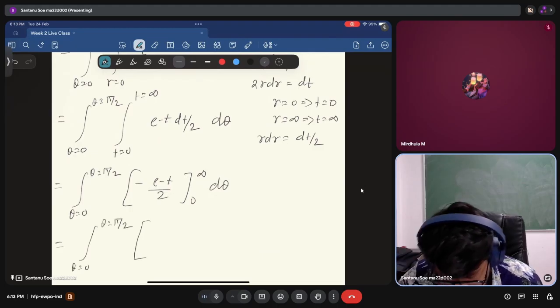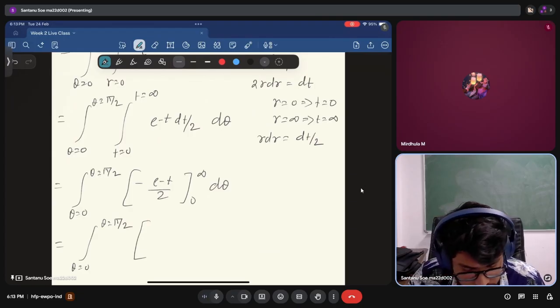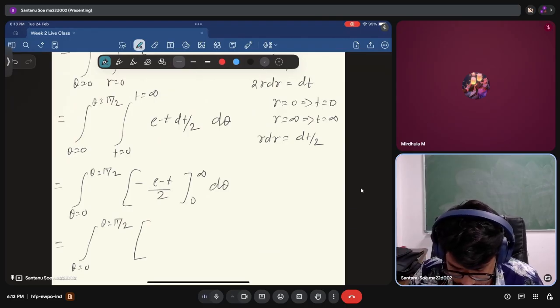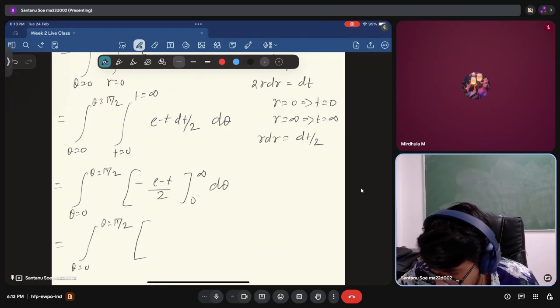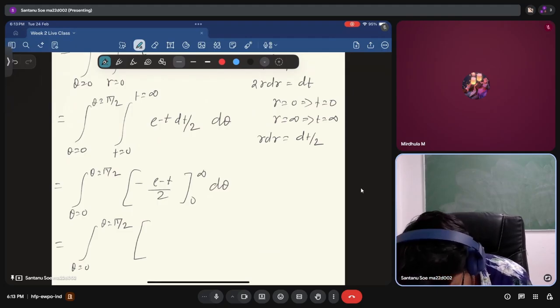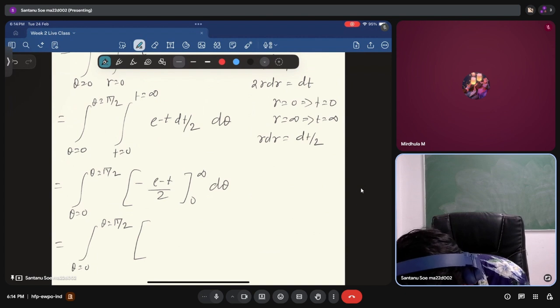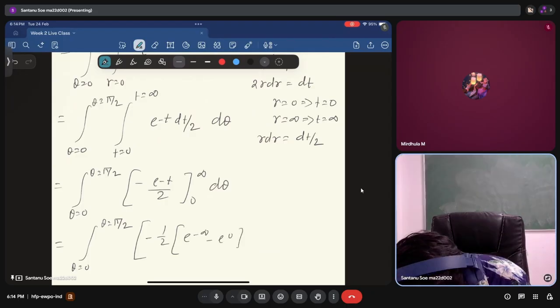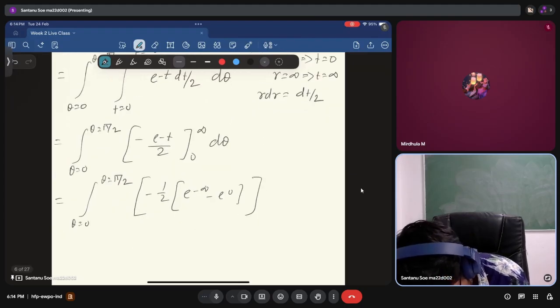Correct. So this is going to be theta equals 0 to theta equals pi by 2. Now if you put the limits, the exponential of minus of infinity is 0 and exponential of 0 is 1, so this will be negative of minus 1 by 2 times e to the power minus infinity minus e to the power 0, d theta.